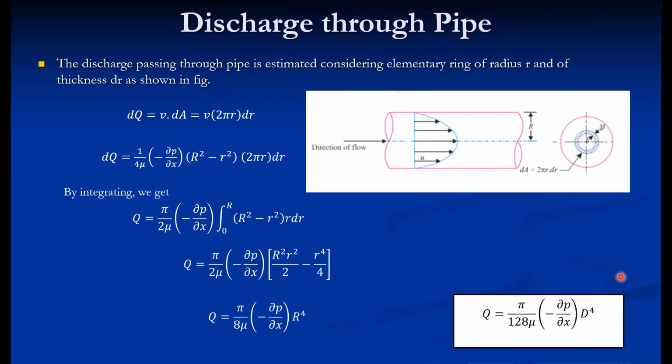Generally, we don't use this equation for calculating discharge. From mean velocity, we can easily calculate the discharge as well. So this is the expression of discharge through the pipe when the flow is laminar. These expressions are applicable only for laminar flow. Remember, this is not applicable for all kinds of flow.